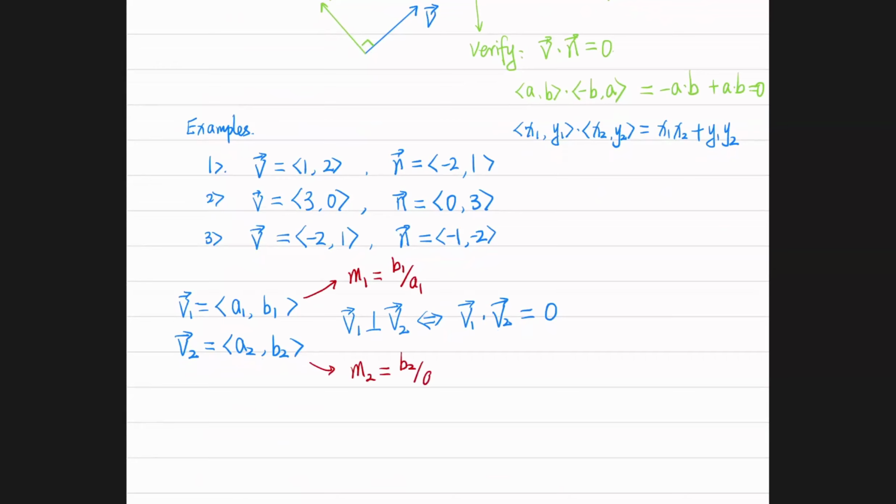The second component tells us the change of the y coordinate, and this is the change of the x coordinate. So the ratio of change of y coordinates over change of x coordinates gives us the slope of the line. Similarly for this one.